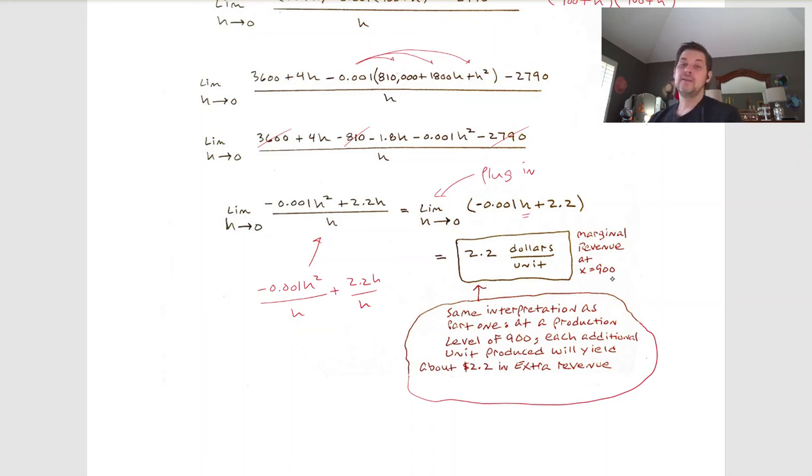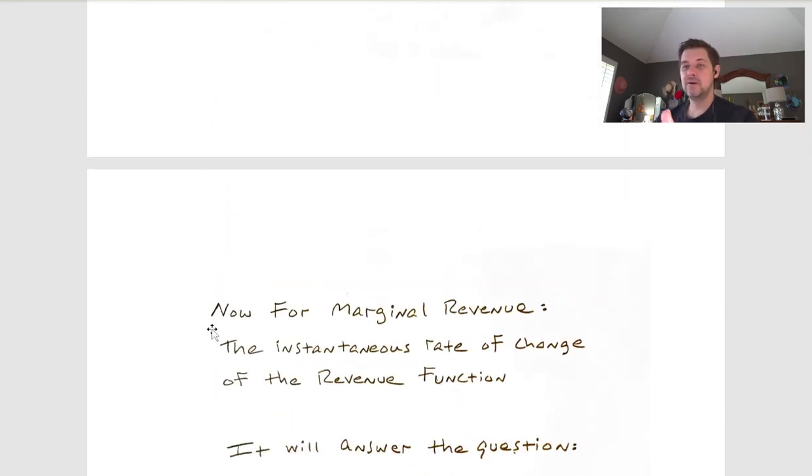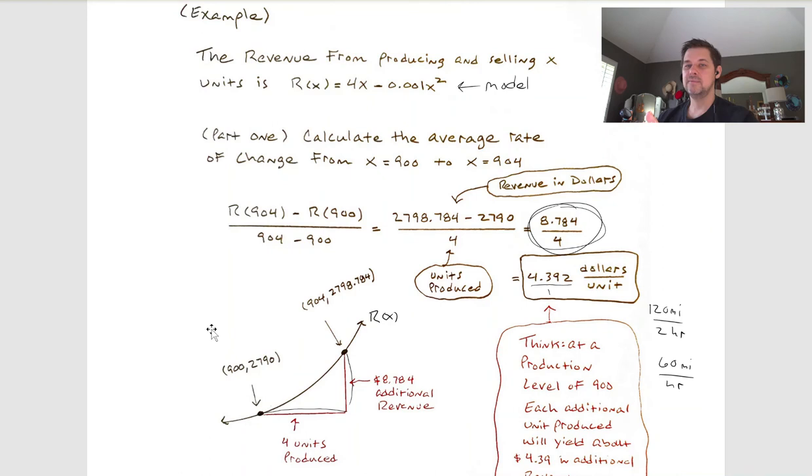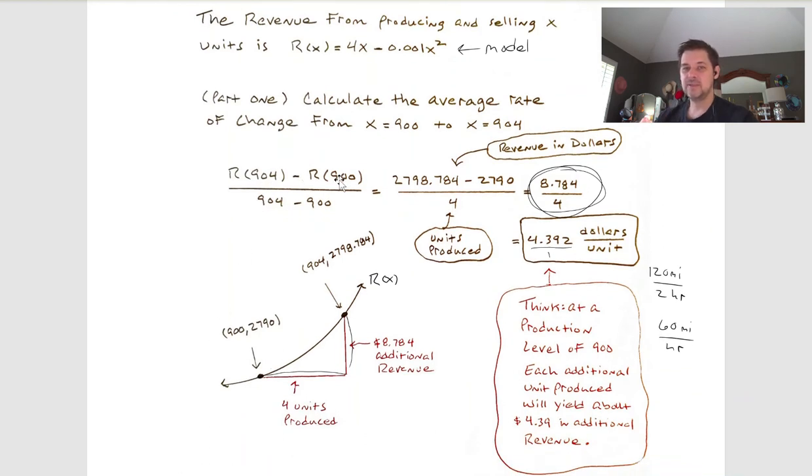Okay, now because the instantaneous rate of change is really the same thing as the average rate of change, it will have the same units and the same interpretation. Okay, so the average and instantaneous rate of change always have the same units and same essential interpretation. For the average rate of change, we calculated the additional revenue as the top number and the additional units produced as the bottom number.